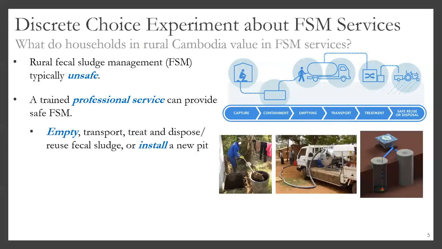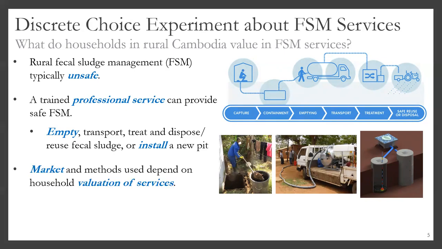Professional FSM services could take two different pathways, following the typical sanitation value chain of empty, transport, treat, and dispose or reuse of fecal sludge from primarily pit latrines, or simply installing a new pit to create something like an alternating dual pit system to provide on-site sanitation.